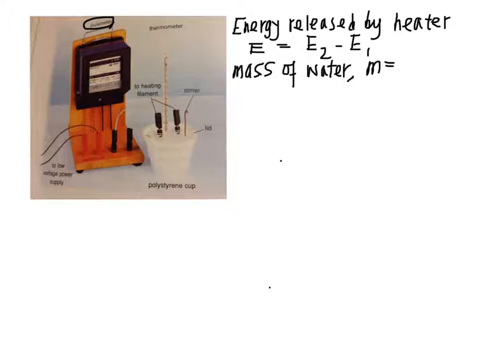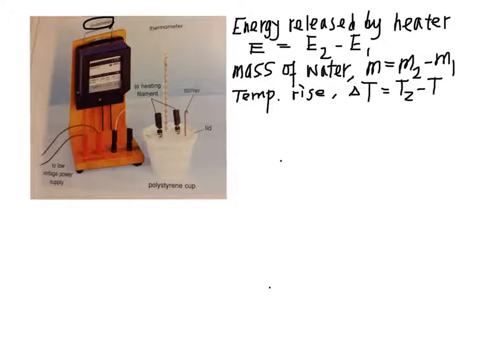Also, the mass of water being heated in the experiment is M, and M is equal to M2 minus M1. And the temperature rise of the water in the experiment is delta T equal to T2 minus T1.